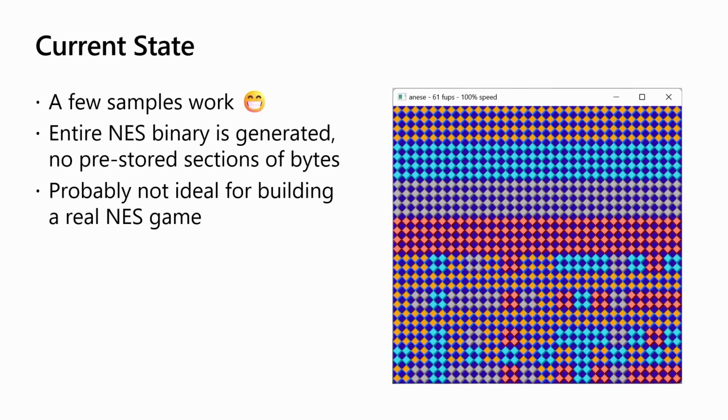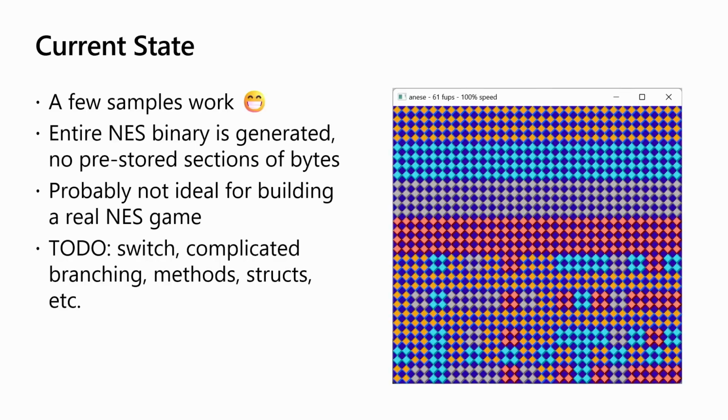But for now, if you wanted to learn more about NES development, I would recommend just using 8-Bit Workshop and learning a bit of C. And there's other development tooling out there that also can do things in kind of a graphical way. Some things that I would like to do: more complicated branching, like a switch statement or some strange combinations of if, else.